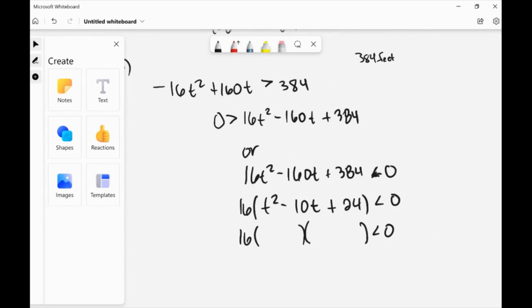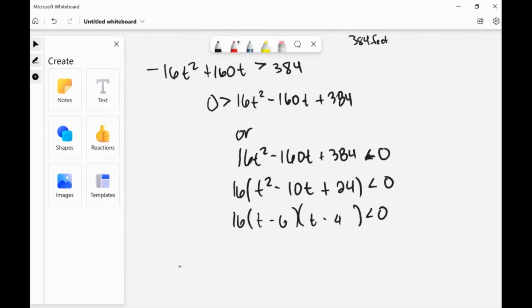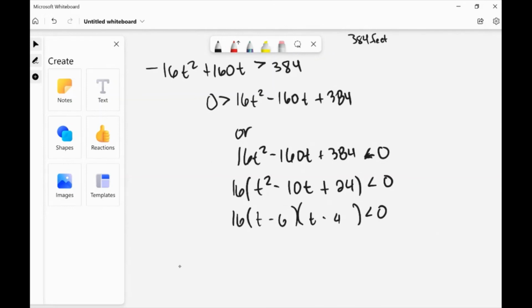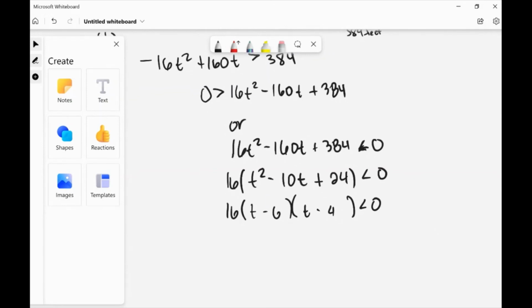Factor t squared minus 10t plus 24. It's t minus 6, t minus 4. And I'll point this out, it's t now, just in case they want you to plug in variables. Make sure you know it's t.